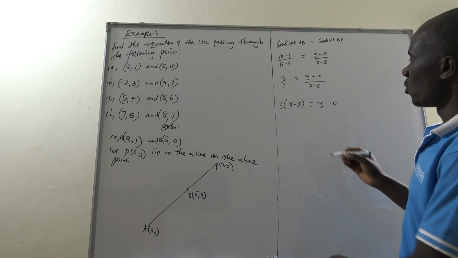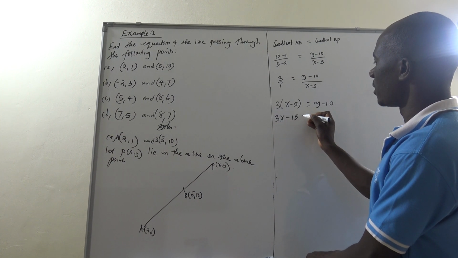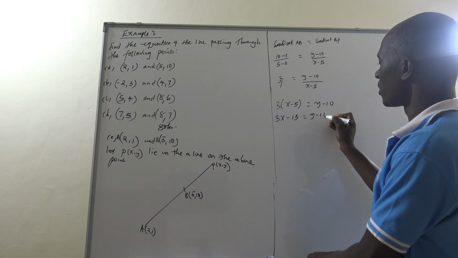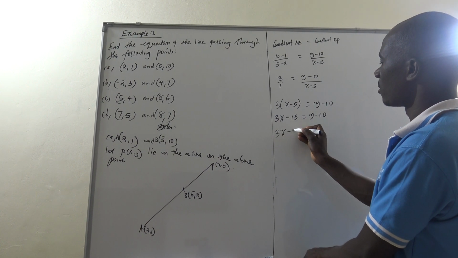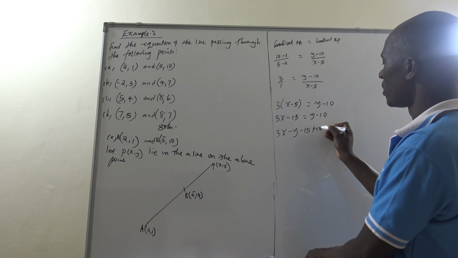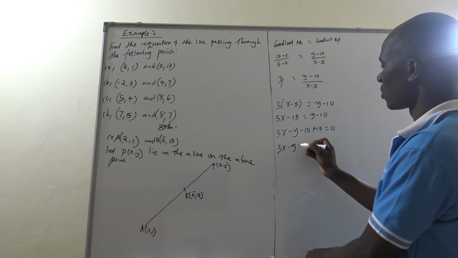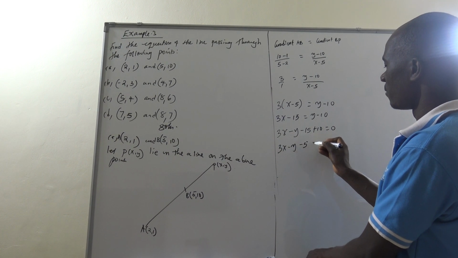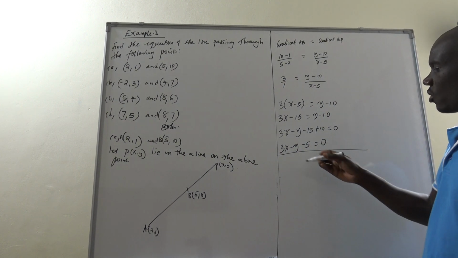Can we try to open up? This is 3x minus 15 equals y minus 10. Can we try to rearrange it? This is 3x minus y minus 15 plus 10 equals 0, which we are getting as 3x minus y minus 5 equals 0. So you have finished coming out with the equation of the line.